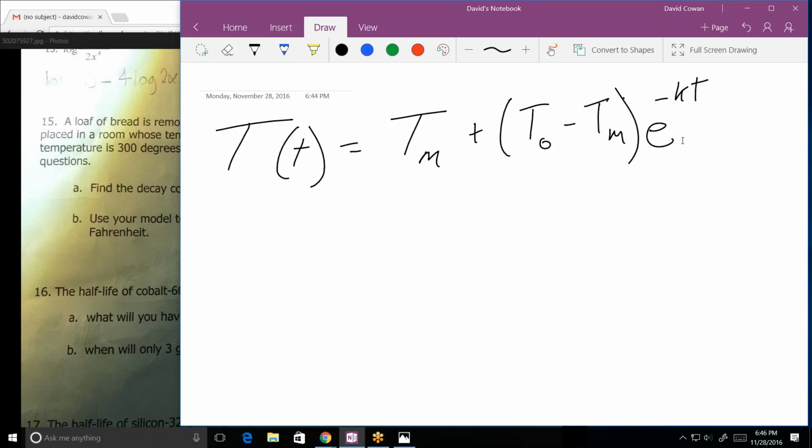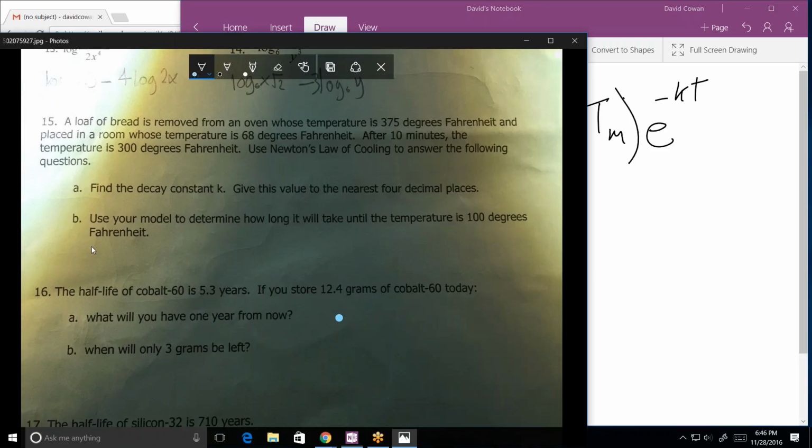For this, let's see. Read the whole problem here. Removed from the oven, so T sub M is 375. No, excuse me, T sub M is 68. T sub O is 375. And after 10 minutes, the temperature is 300. So that's going to allow us to solve for k.